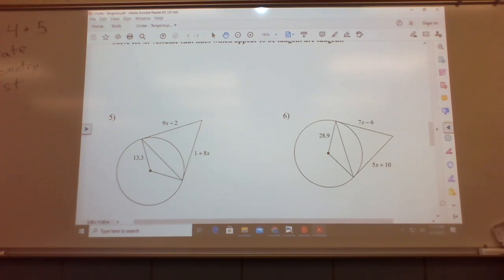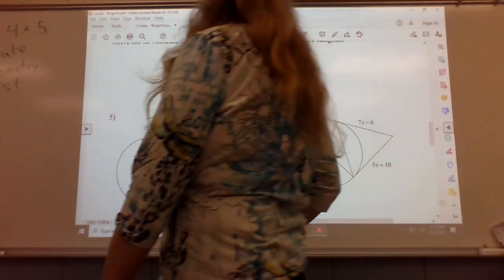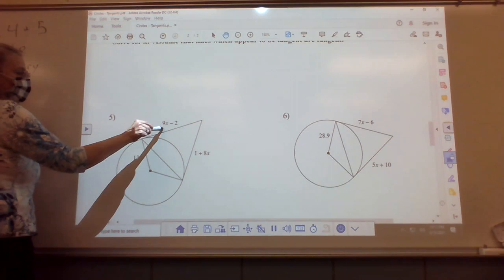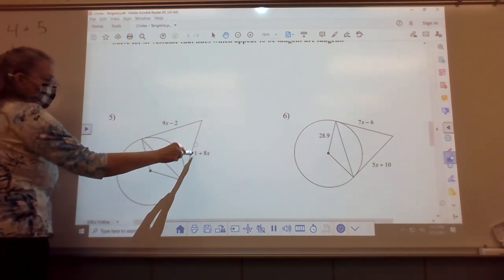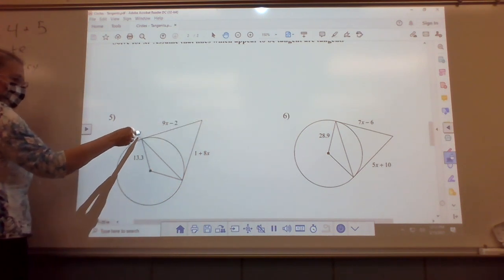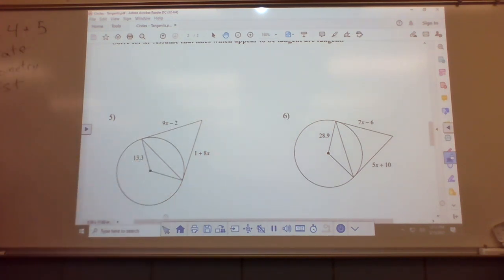So on this one, now if you notice, I've got a tangent line here, and I have a tangent line here. So these two segments are tangents, and I've got a radius and a radius. Now, I'm actually not even going to use the radius.